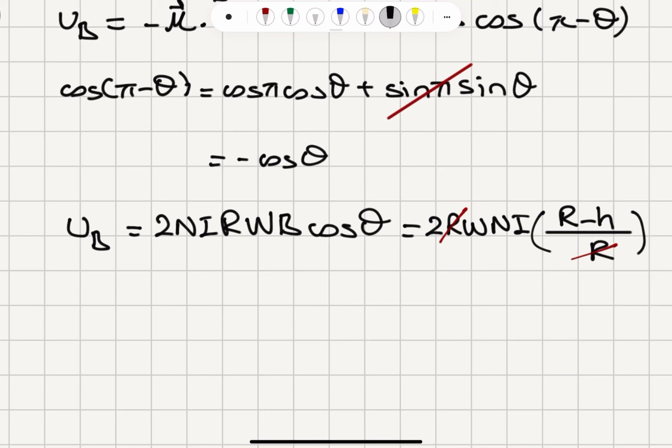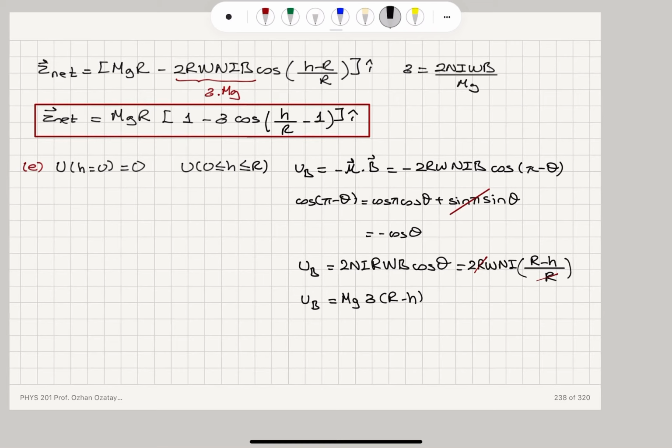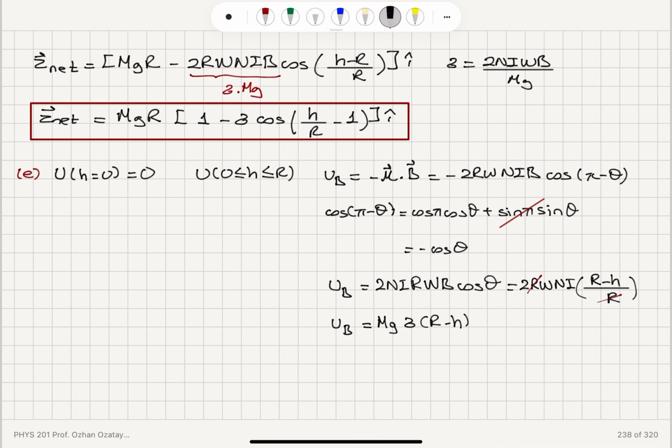So I find that the magnetic potential energy is mg sigma R minus H. Why? Because 2WNI times B, I have forgotten the B here. 2WNI times B is mg times sigma. So this is mg times sigma R minus H.